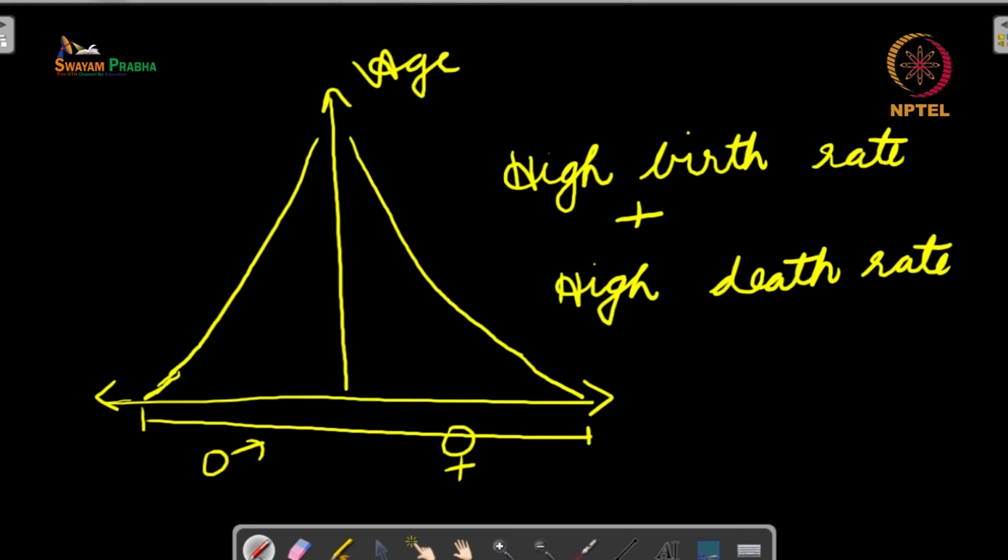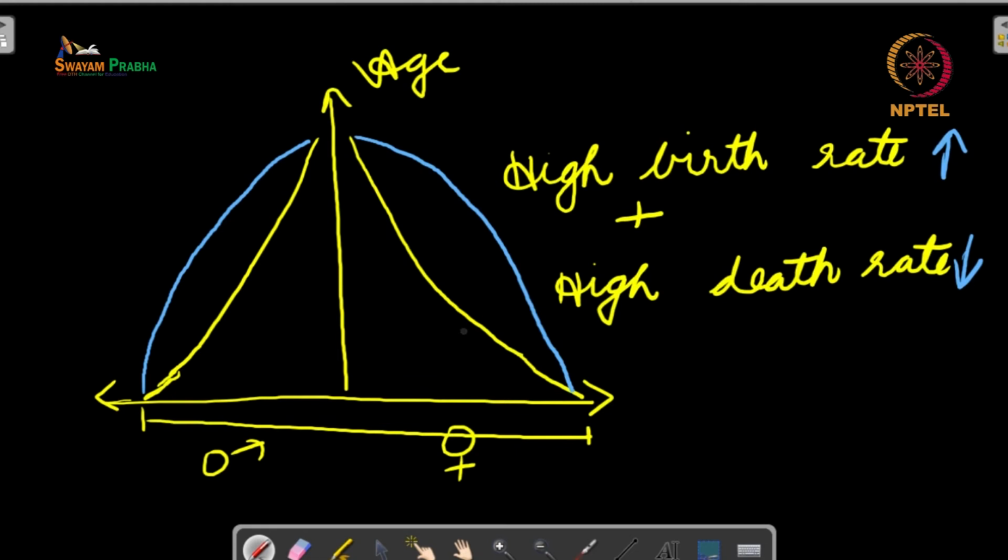But with the advent of medical facilities, we would be able to reduce the death rates. That is, if these many children are born, then they will be able to survive to a much greater age. And so the population pyramid curve will start to look like this. Now in this case, the death rate is going down, but the birth rate remains high as before. So this would show that the population is increasing.